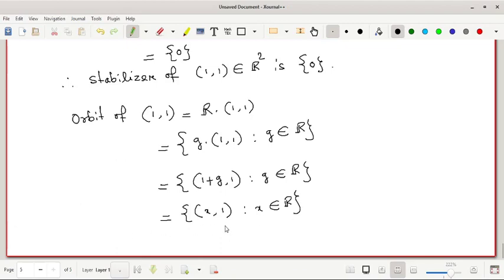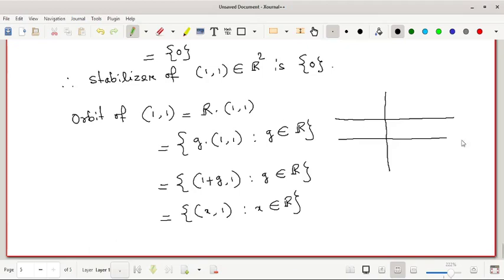So this is precisely this, right? The orbit is a subset of R2. If you draw, this is your R2, and your y coordinate is always 1. So it is a straight line at a constant distance 1 from the x-axis.